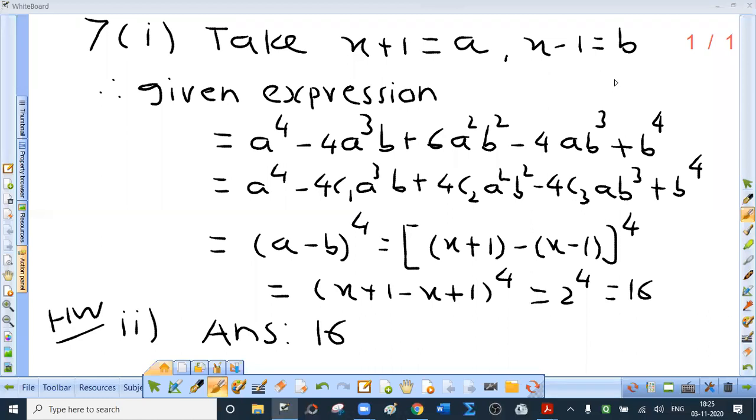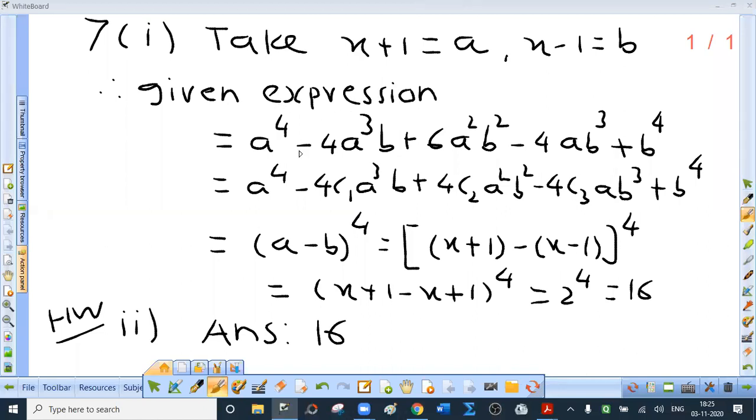Sum number 7, without expanding, find the value of. First method is the donkey method, just expand everything using binomial theorem, but we'll be using a shortcut method. You will observe that x plus 1 is the same as the first term and the second is x minus 1. So I take x plus 1 equal to a and x minus 1 equal to b. Don't write the given equation. This is an expression whose value is to be obtained, right?